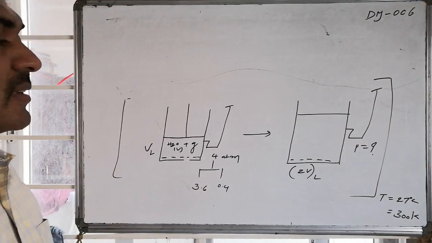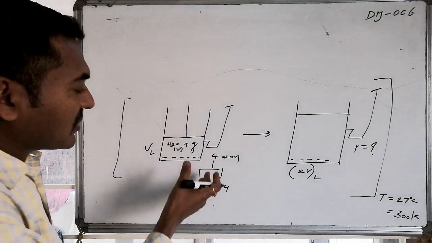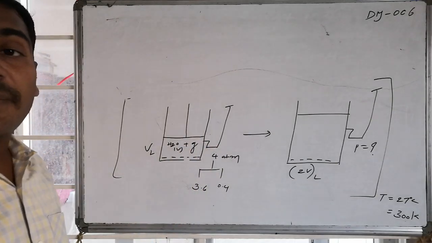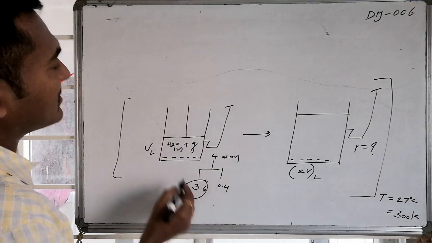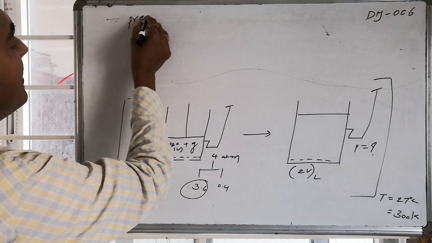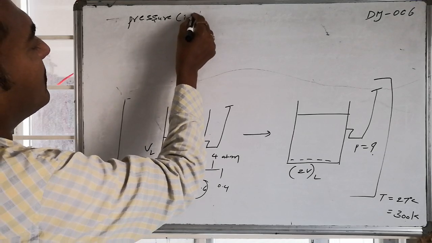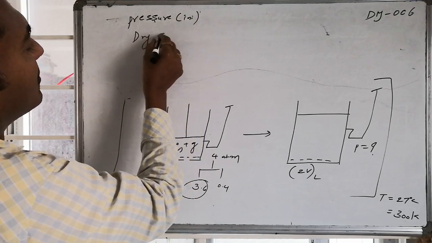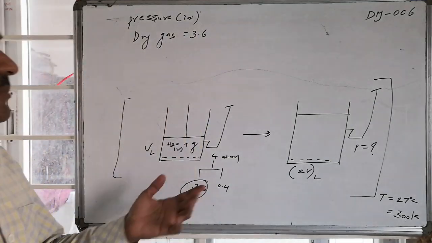To get the solution of this problem, first of all we will evaluate the dry gas pressure. The initial pressure of dry gas is 3.6 atmospheres.